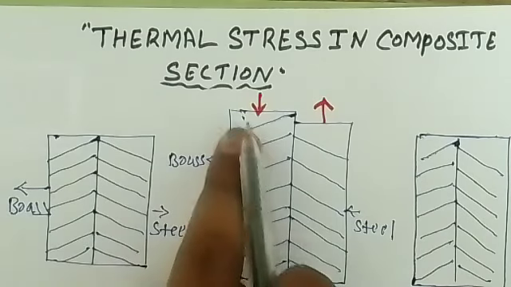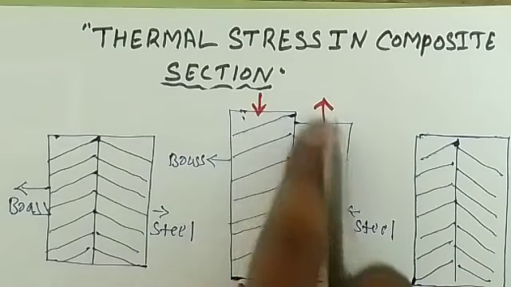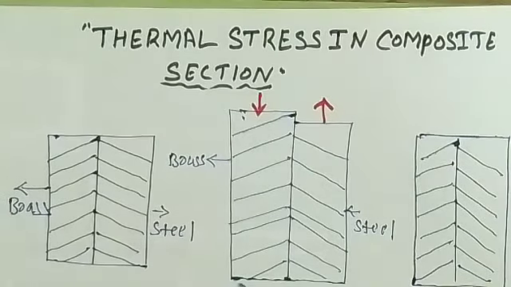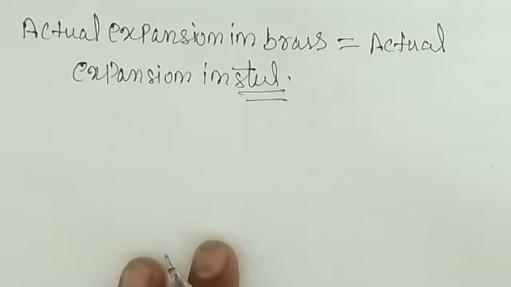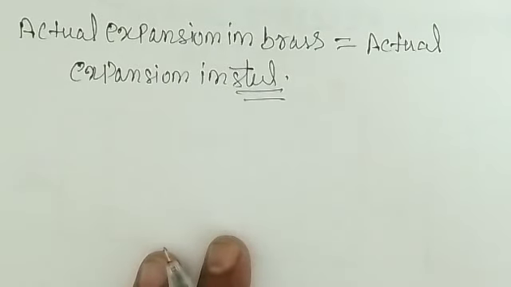Then additionally we compress the brass and we pull the steel in tension. So the actual expansion of brass is the free expansion of brass minus the contraction due to the compressive load.